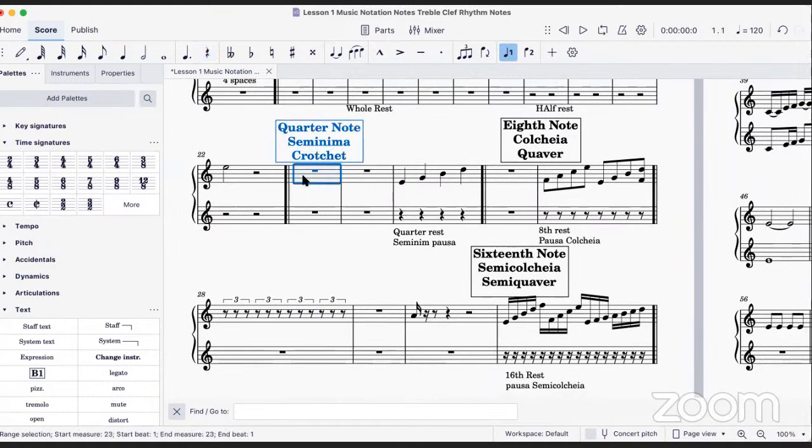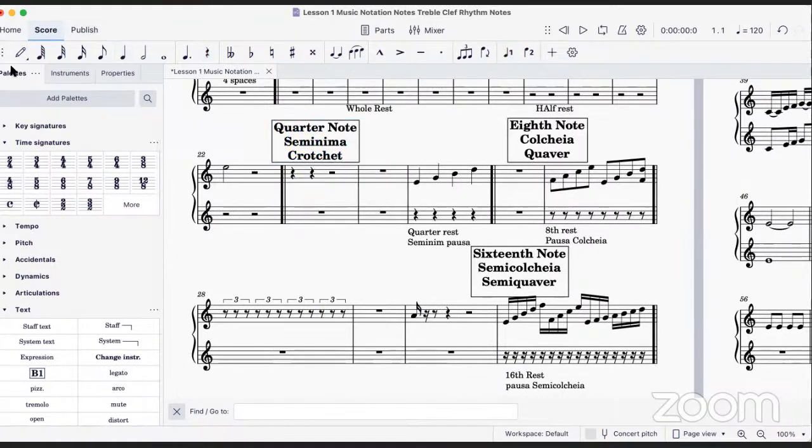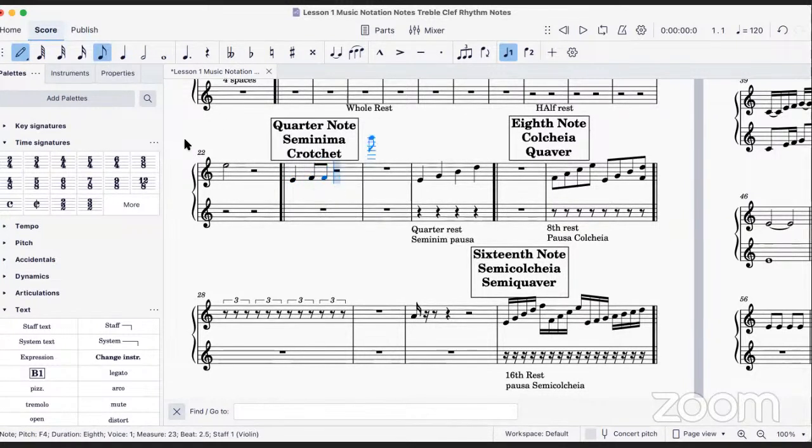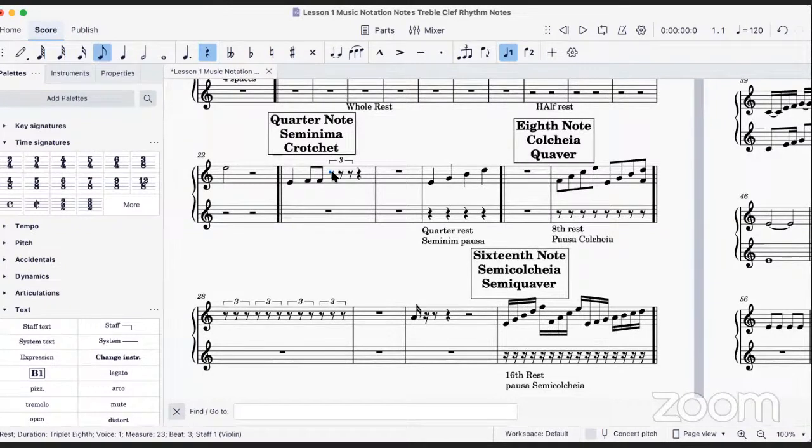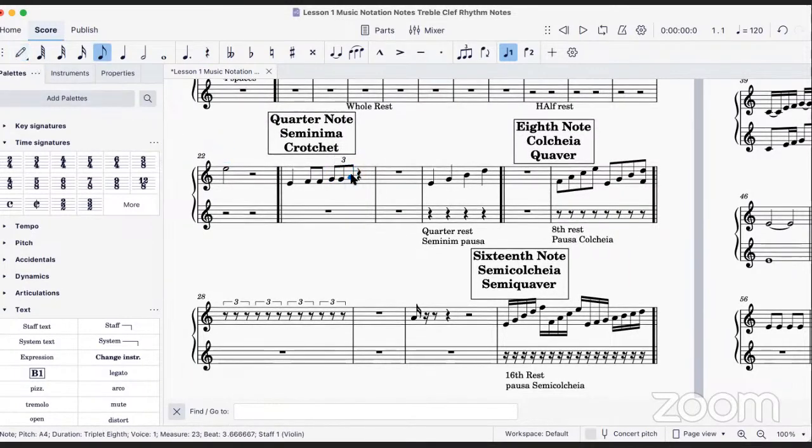Let me put it here. 1 quarter note is equal to 2 eighth notes. And 1 quarter note also is equal to 3 eighth notes that we call triplets. And also 1 quarter note is equal to 4 16th notes.